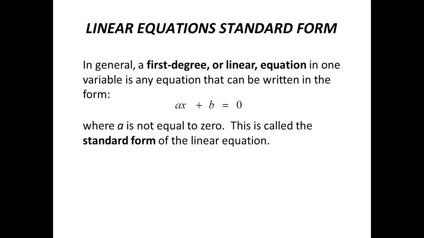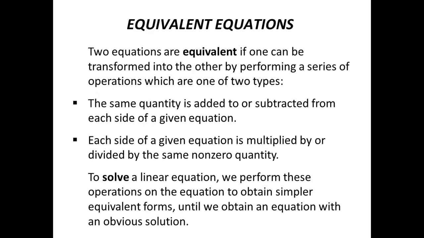A first-degree linear equation in one variable is any equation that can be written in the form ax + b = 0, which is standard form. Two equations are equivalent if they yield the same solution.